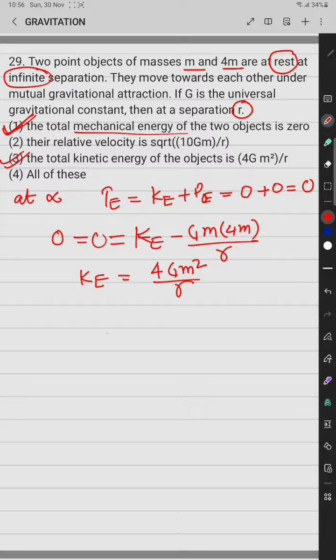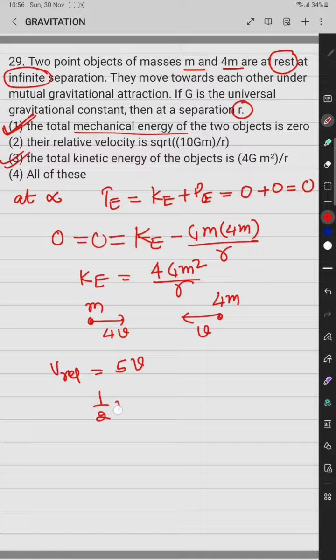But in this situation, suppose the velocity of the 4m is v, then the velocity of the m is 4 times v. The relative velocity is 5 times v.